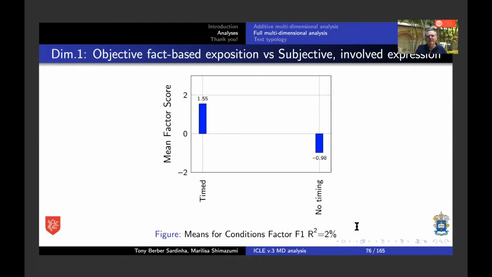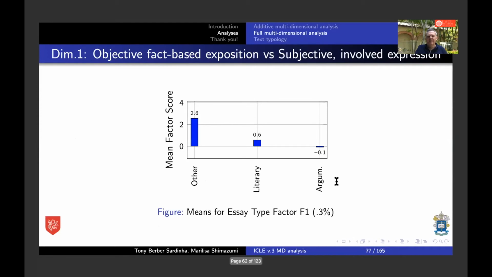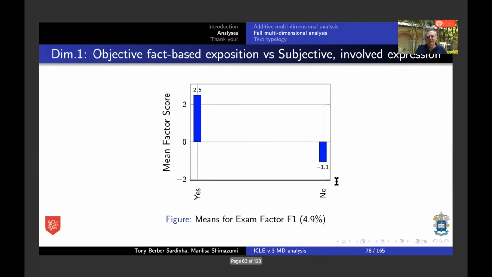handouts. So now if we look at those task and learner variables in terms of the timing. The timing did not affect the results at all, just 2%. There's no difference here. Essay types, just 0.3%, so that doesn't affect the results.